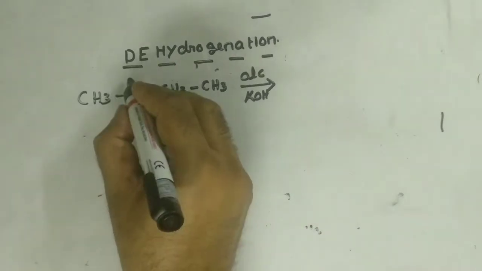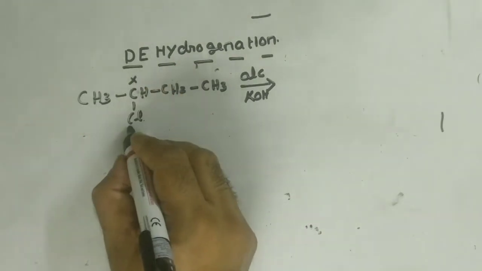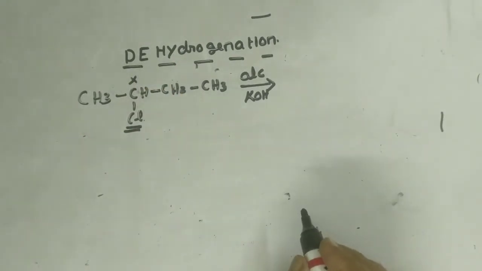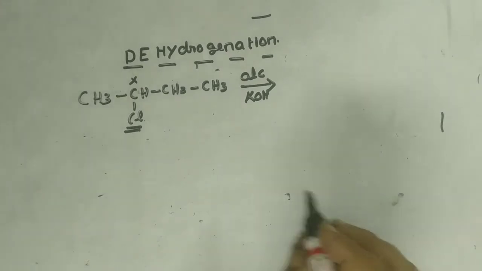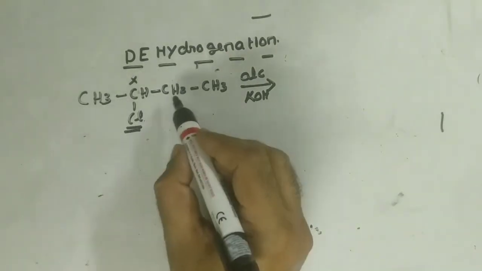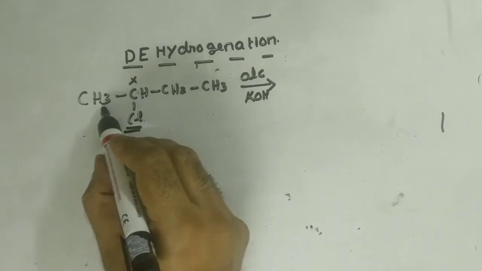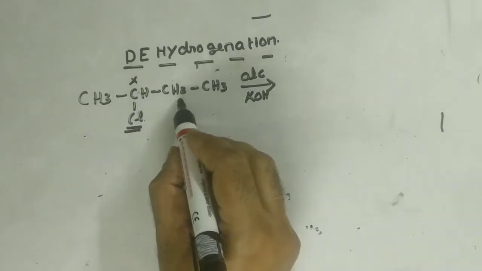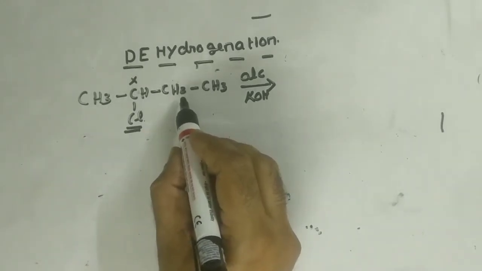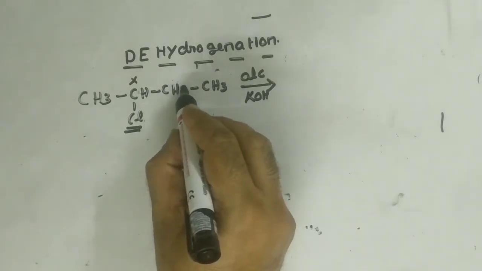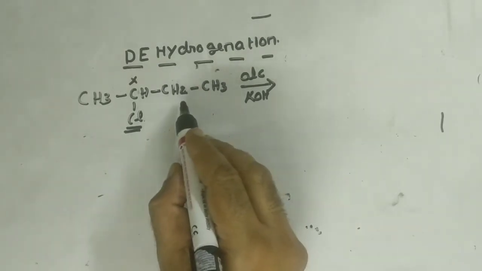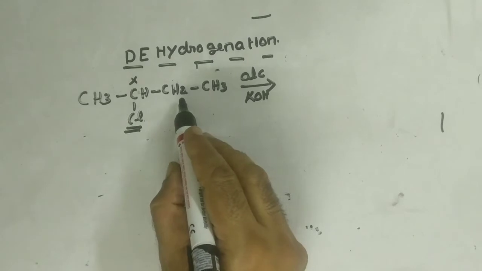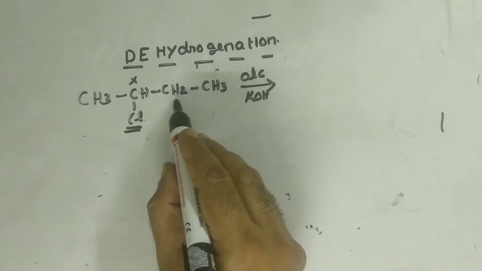Common sense, the halogen will get removed from this carbon. Now hydrogen you can remove either from this carbon or from this carbon. This has 3 hydrogens, this has 2 hydrogens. So according to the Saytzeff rule, hydrogen will be removed mainly from this carbon, because poorer becomes poorer. We remove hydrogen from that carbon which already has fewer hydrogens.